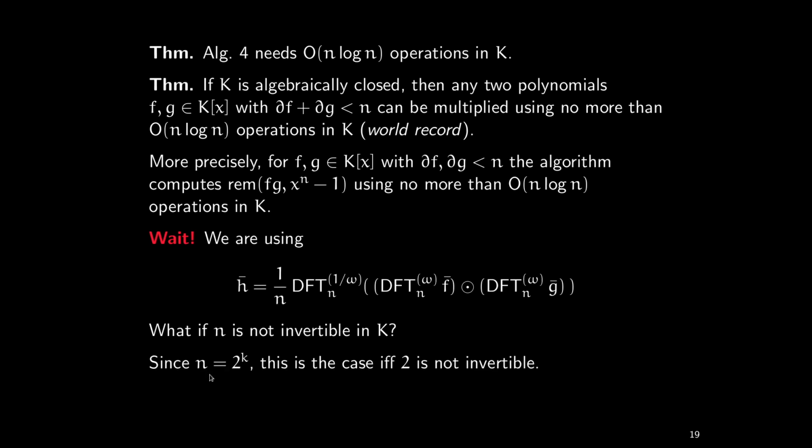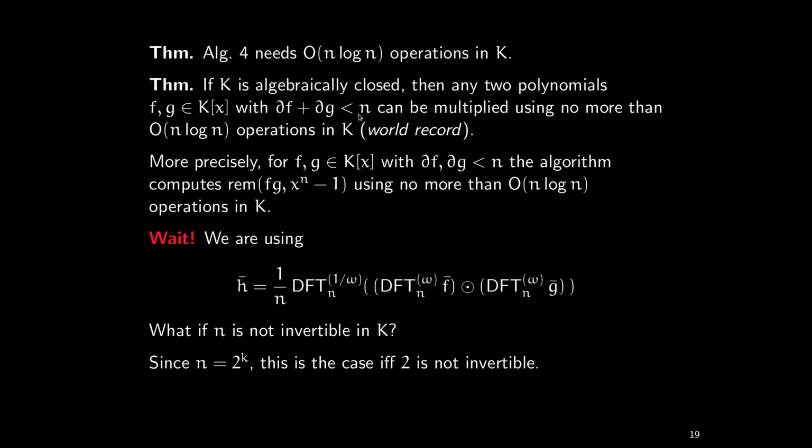Now, in our assumption, n is a power of 2, which, by the way, is not a restriction, because this n that I'm talking about here is only an upper bound on these degrees. So if the degrees themselves are not powers of 2, then I just increase the n to the next power of 2, and that's good enough.